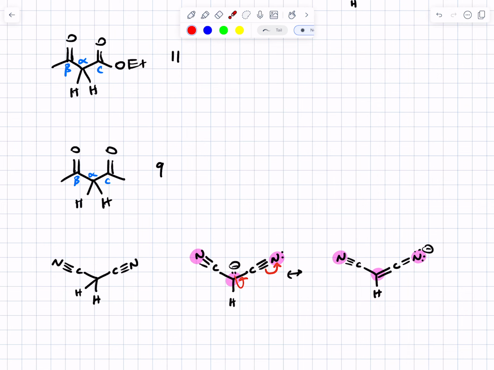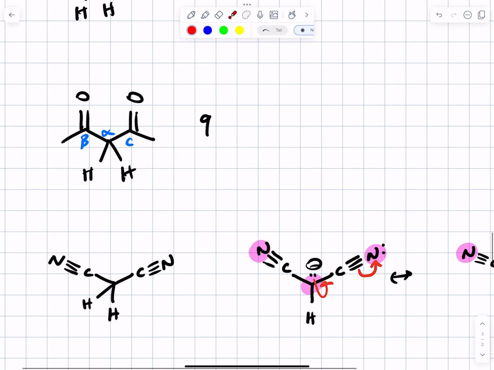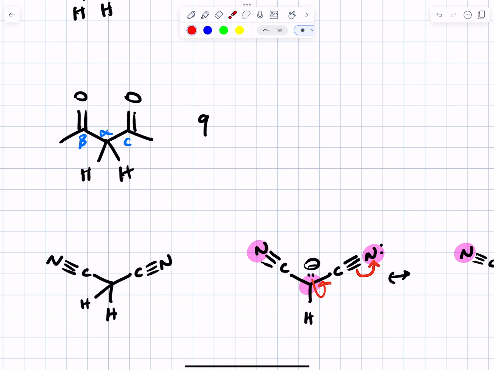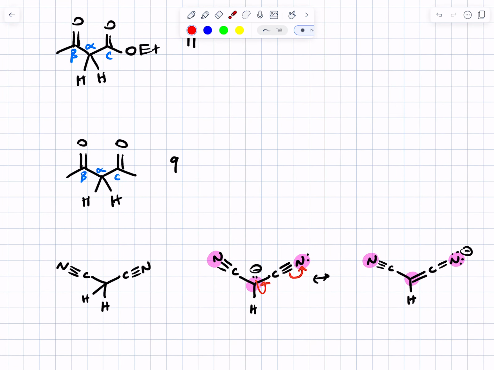Okay, and we'll see in general the nitrile, the CN group, is going to have similar types of functions as ketones. In other words, the carbonyl carbon is an electron withdrawing group that can stabilize a negative charge by resonance, so too with the nitrile group. Okay, other questions?